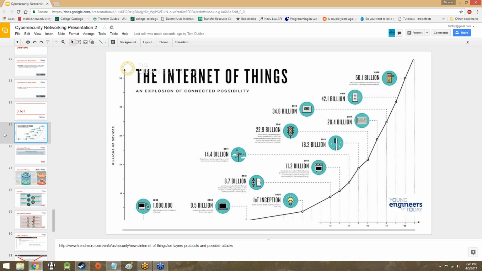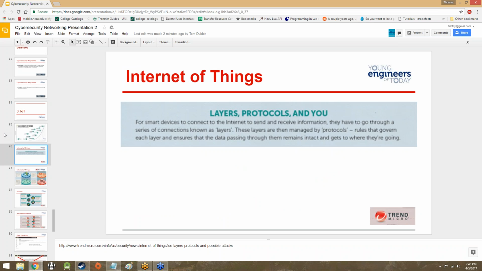But yeah, so that's the concept that exists for that. So for smart devices to connect to the Internet to send and receive information, they have to go through a series of connections known as layers.